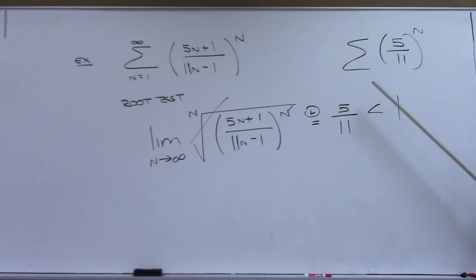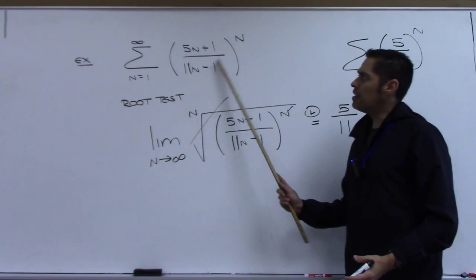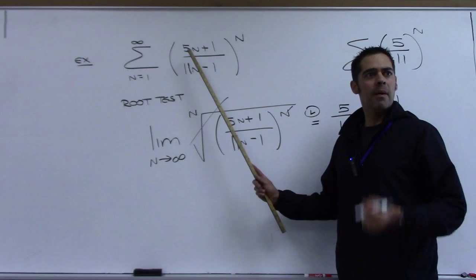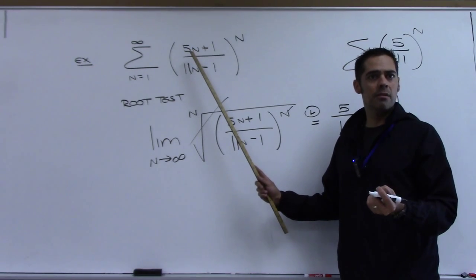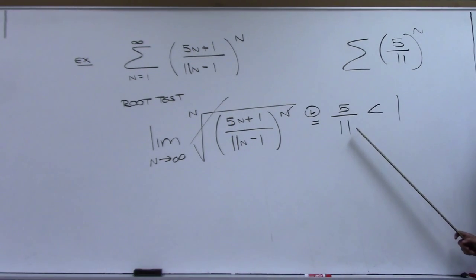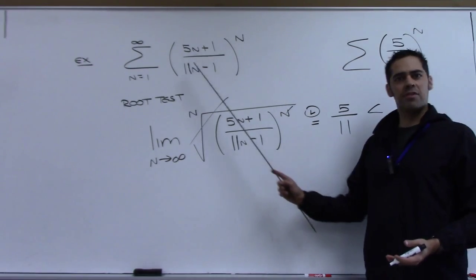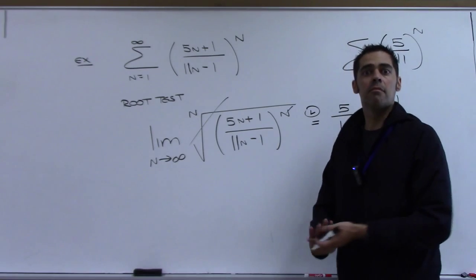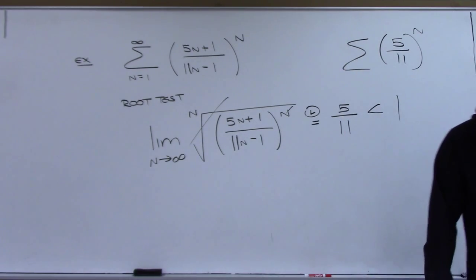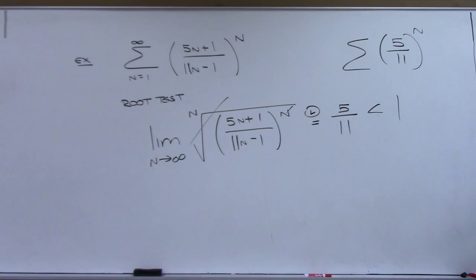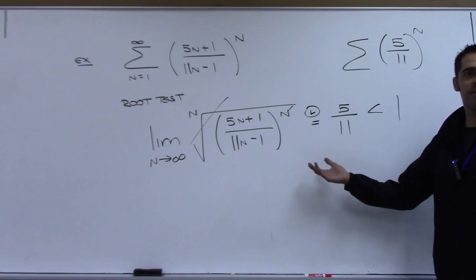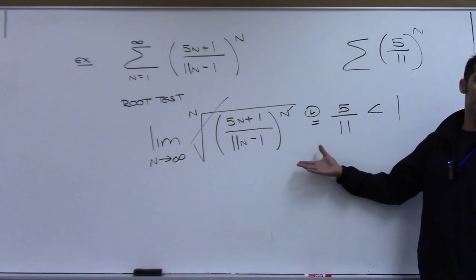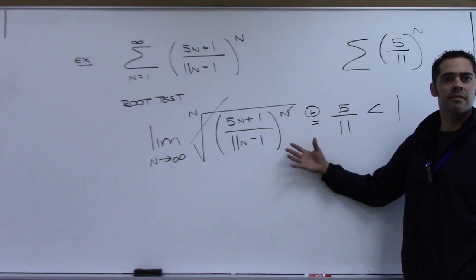This is almost geometric, except this is not a constant. But as n gets bigger, it gets closer to 5/11ths. So this is basically a geometric series, except we can't figure out what it adds up to. Maybe might be able to. But now, in retrospect, now you have the root test. You wouldn't probably want to do a comparison because this works so clean.